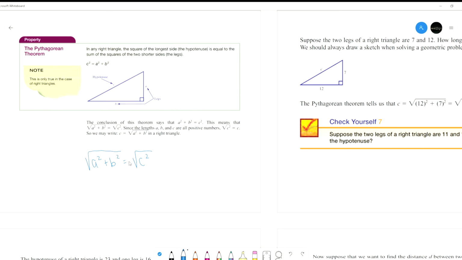And because we're square rooting both sides, it's an even root. We have to consider it to be positive only, right? So c is a length, and lengths cannot be negative, right? So this is equal to c.